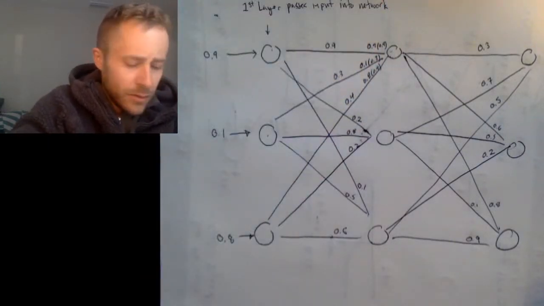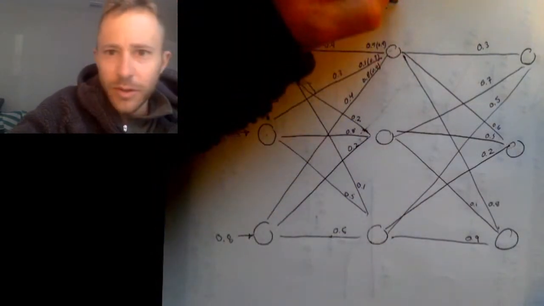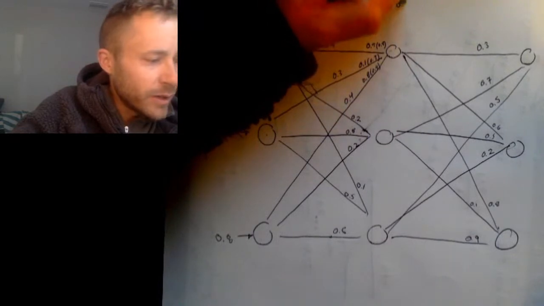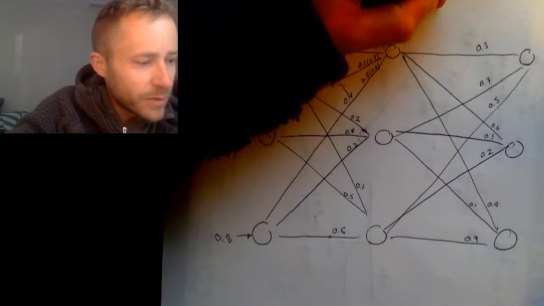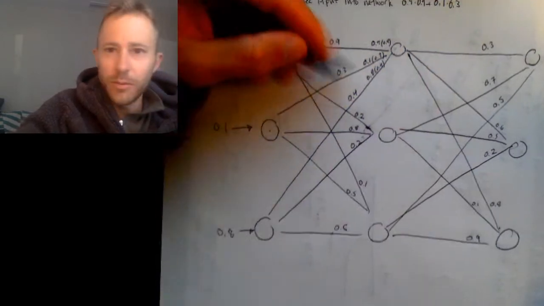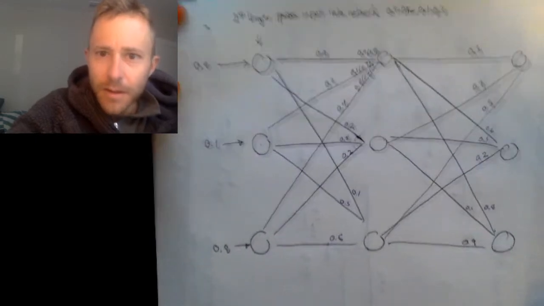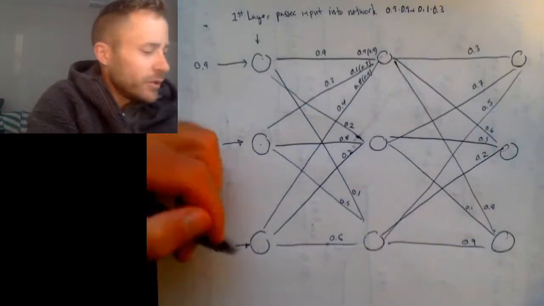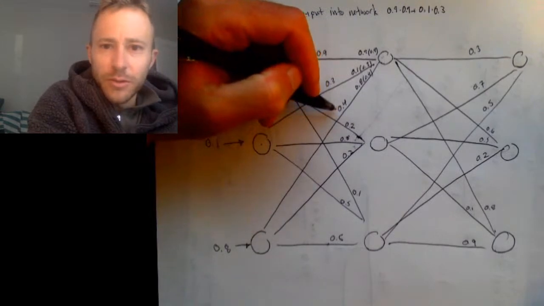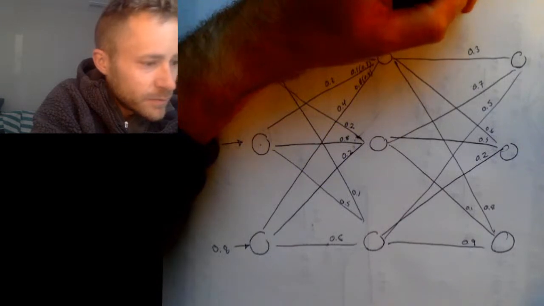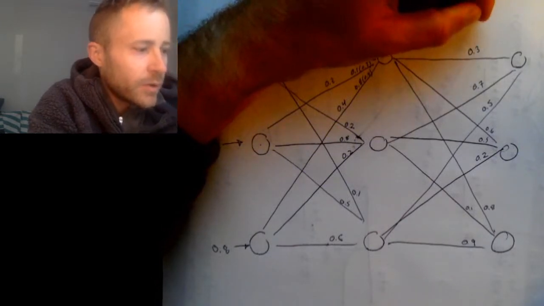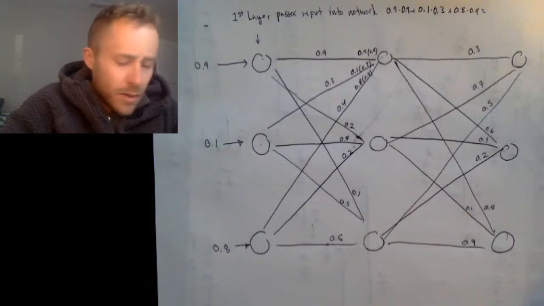So here's what I'm doing in my calculator. I'm doing 0.9 times 0.9 plus 0.1 times 0.3, because this weight was 0.3, plus 0.8 times the synaptic weight, which is 0.4, equals, so let me work that out.